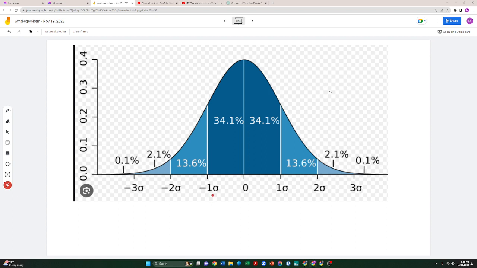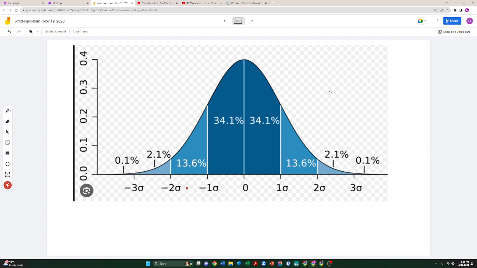When plotted on a normal distribution curve, the empirical rule can be visualized as follows. As you can see here, within one standard deviation, the data covers 34.1% on each side of the mean, totaling 68%. Okay? Sorry for my pronunciation.